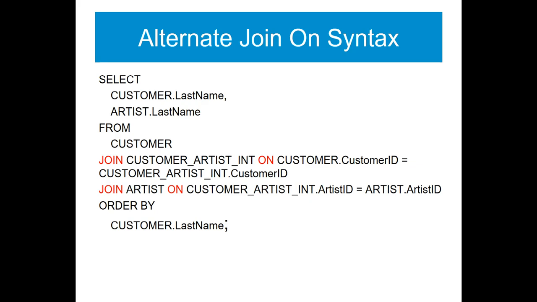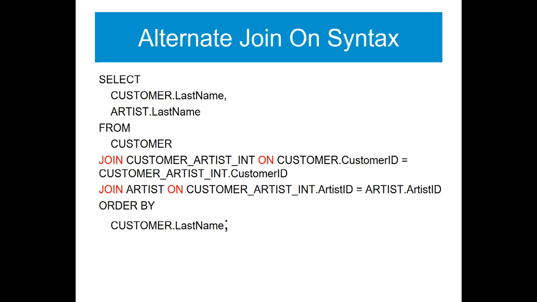And now I've got a join between the artist and the intersection table. And that works about like you'd expect. So the second join, the table on the left is the result table from doing customer join with intersection. It's the result of doing a customer join with intersection, and then I join that result onto the artist table, okay? And then I got my order by just to keep these more straightened out.